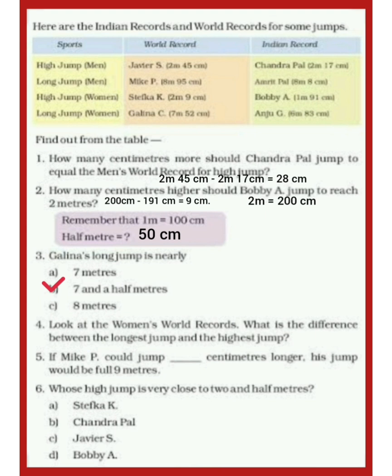Galina C's long jump is 7 meters 52 centimeters and Stefka K's high jump is 2 meters 9 centimeters. Now we will find out the difference between the longest jump and the highest jump of these two women.